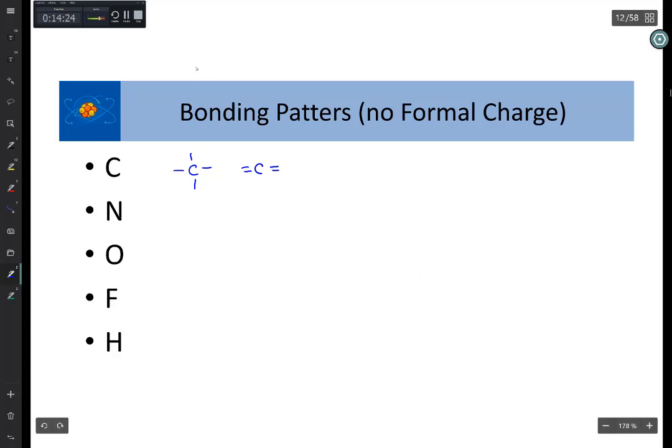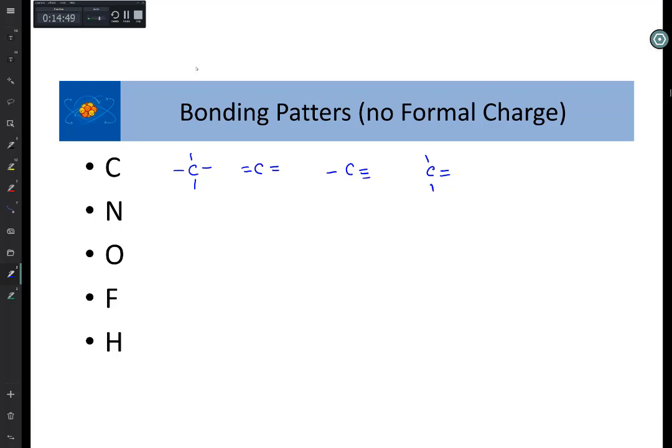I could have a triple bond, but then I have to have a single bond. What else am I missing? You could do a double bond and 2 singles.